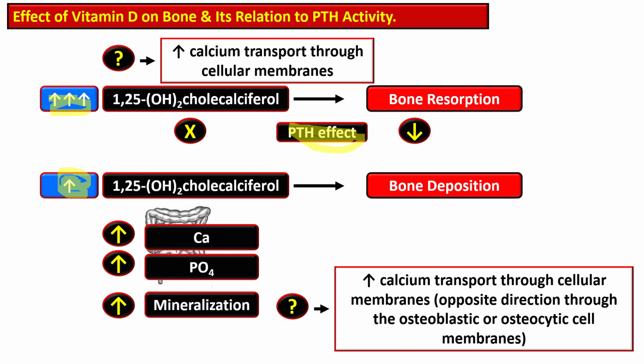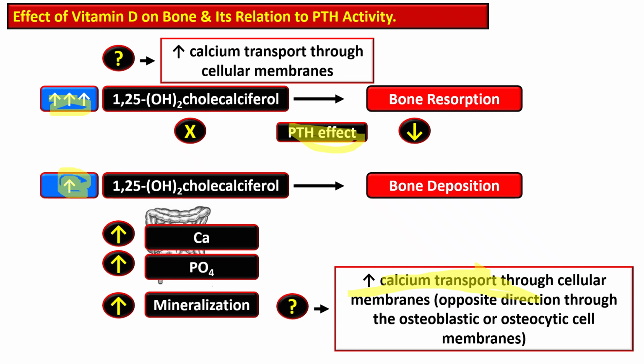The mechanism is increased transcellular calcium ion transport, likely modulating osteoblast and osteocyte membrane transport process, and may promote resorption when moving calcium out of the bone cells, may promote mineralization when moving calcium into the bone matrix.